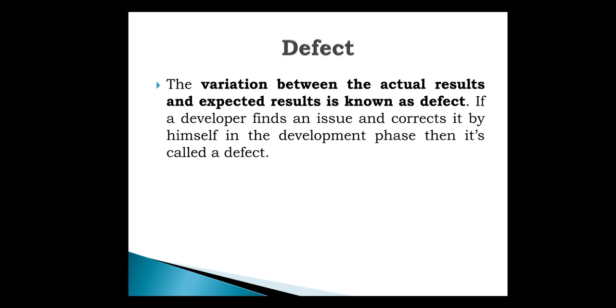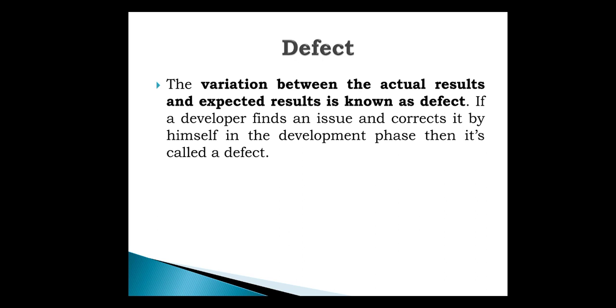So what are the expected result and actual result? In the previous session I told you that quality means customer requirements are successfully achieved after completion of the application. So we achieve that quality of the application. To achieve the quality we have to test the application.